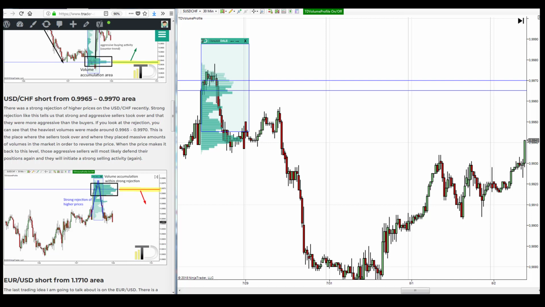Let's have a look at another prediction, which was on the US dollar Swiss franc, and this level was a short from 99.65 to 99.70 area. This is the area. The trade was based on a rejection setup on heavy volumes created within the rejection. As you can see, the heaviest volumes were exactly right there and right there.